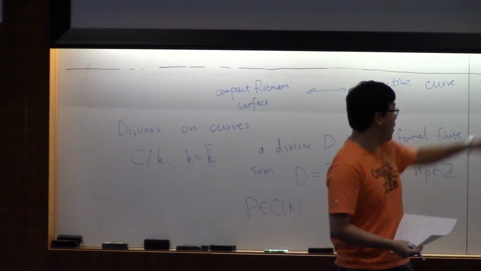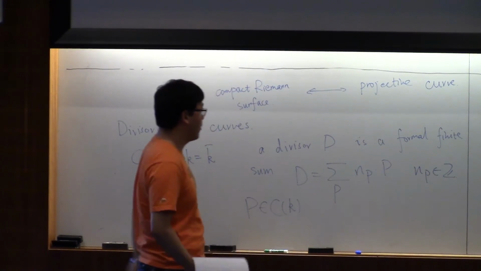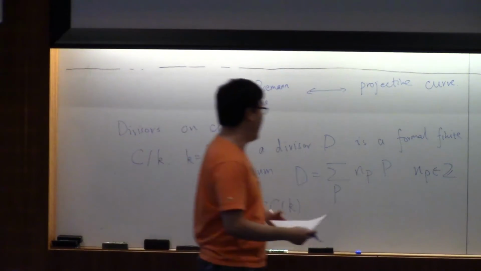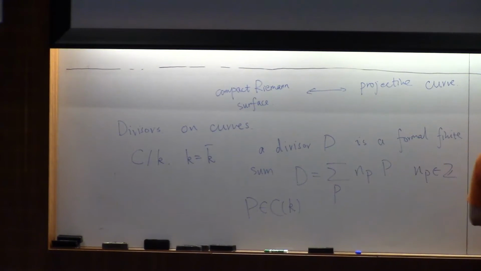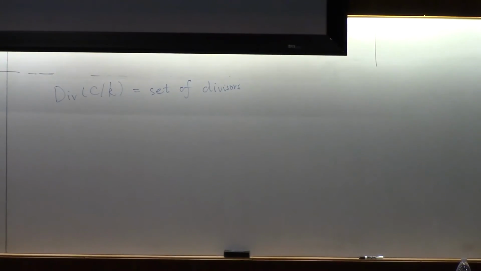As a notation, I use Div(C) over K to denote the set of divisors on the projective curve. Clearly, such a set is an abelian group, because if you have two such formal finite sums, it is very easy to define the addition.